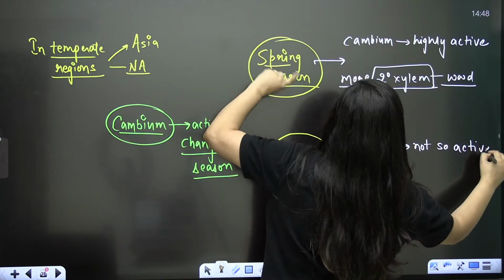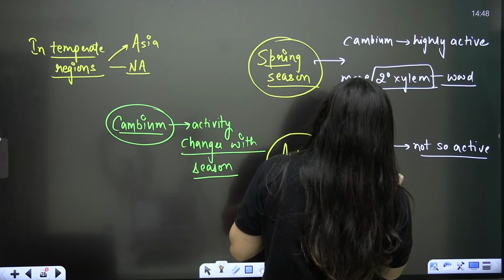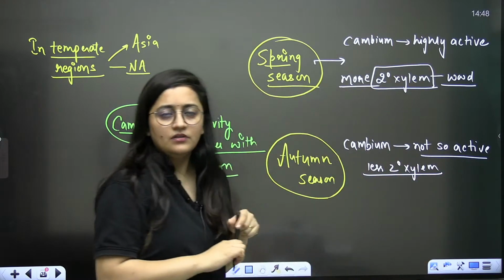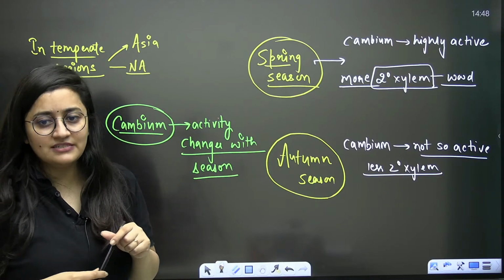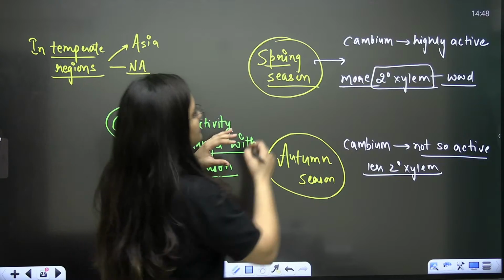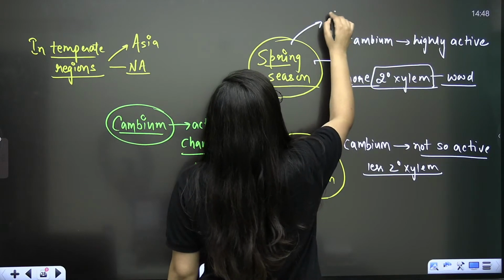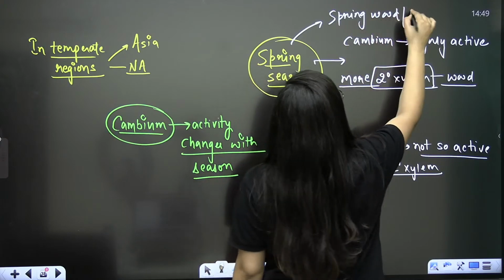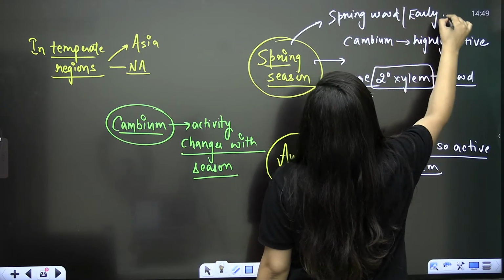So in autumn you will have less growth, and the formation of less secondary xylem will be there. The wood that forms in spring season is known as the spring wood or the early wood.